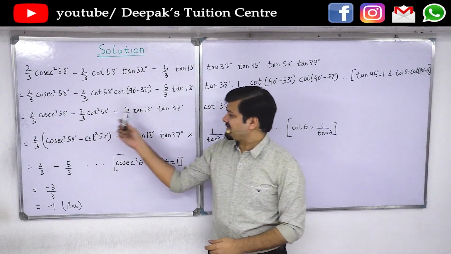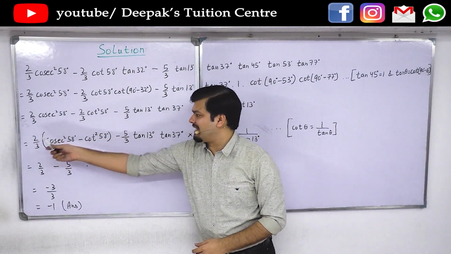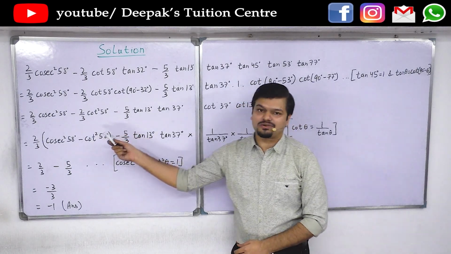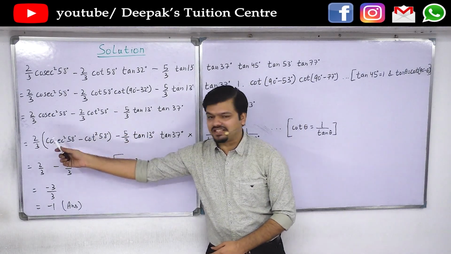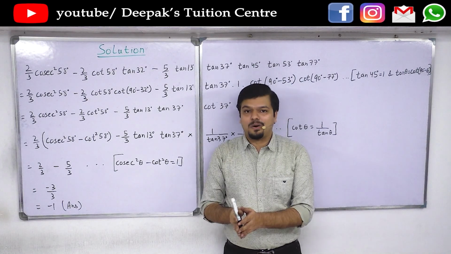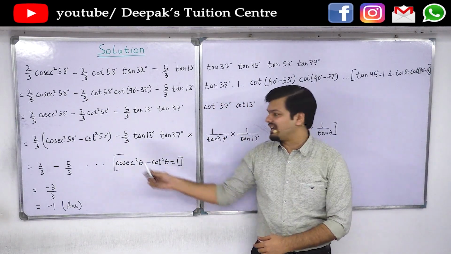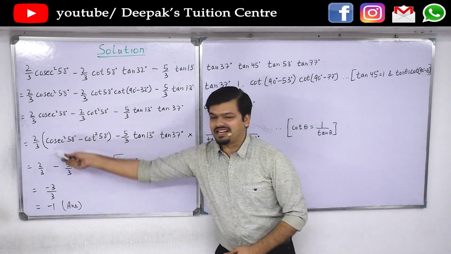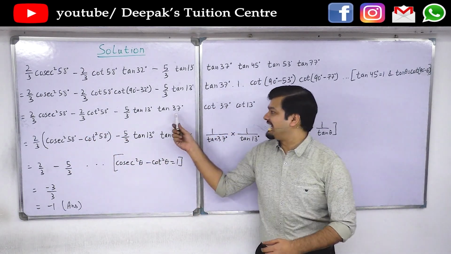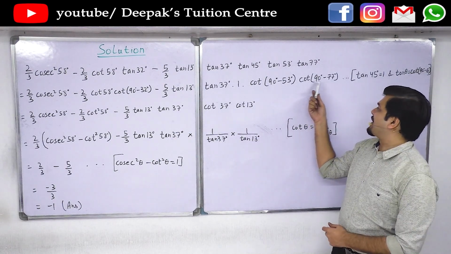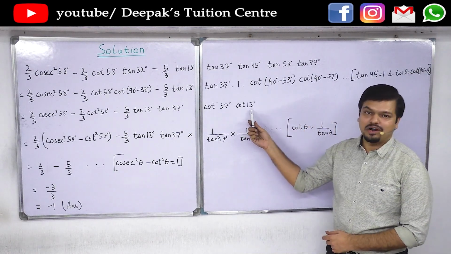Now here I'll take 2/3 common. We'll get cosec² 58° minus cot² 58°. The benefit of this is that I already know the value of cosec² theta minus cot² theta is 1, so this whole part gets eliminated. And here cot (90 − 53) becomes cot 37 and cot (90 − 77) becomes cot 13.